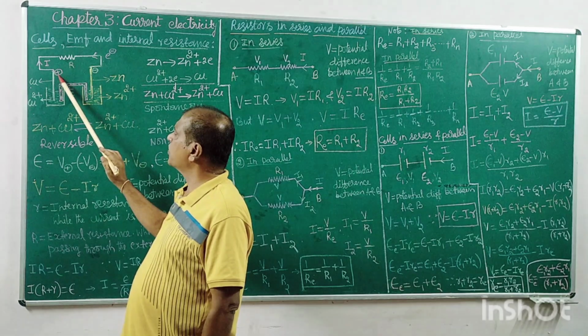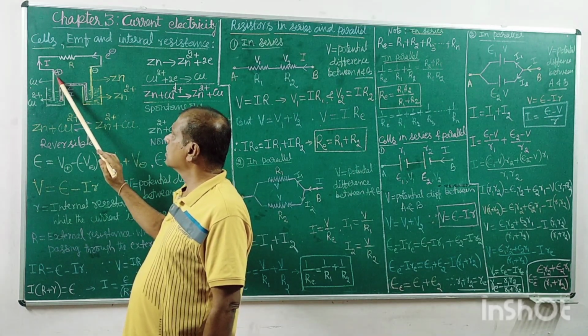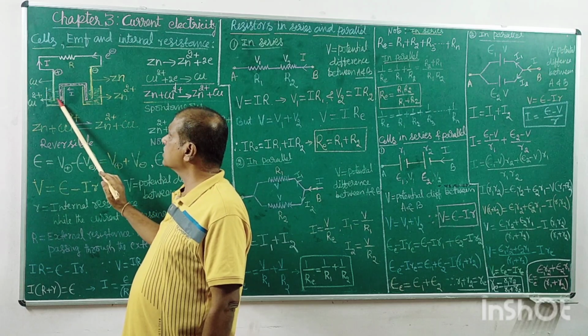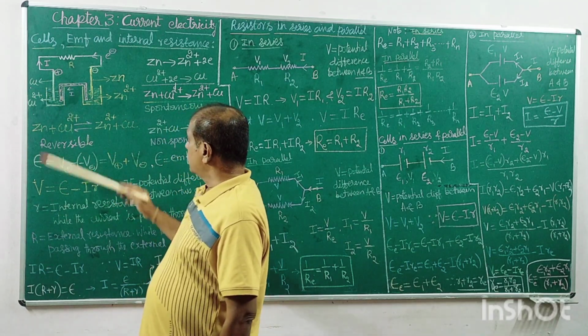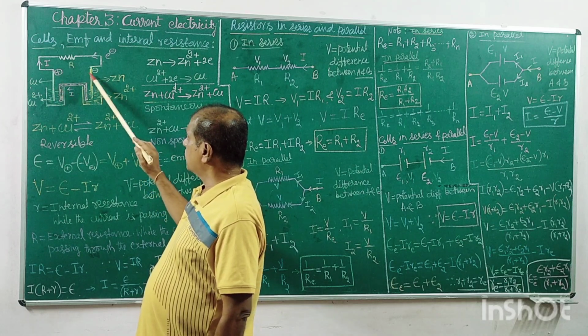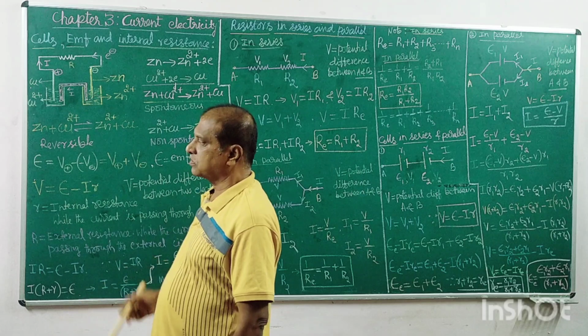As a result, this metal is electron deficient, losing electrons and giving them to copper ions, so it is positive, electropositive. This is a positive potential, and that is a negative potential. It is spontaneous.